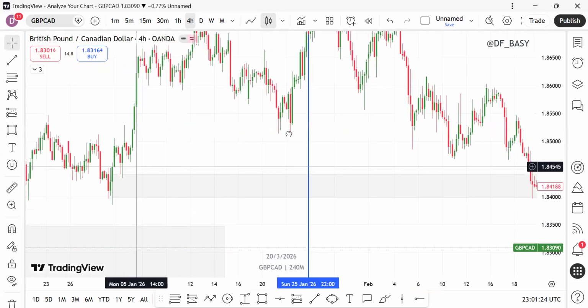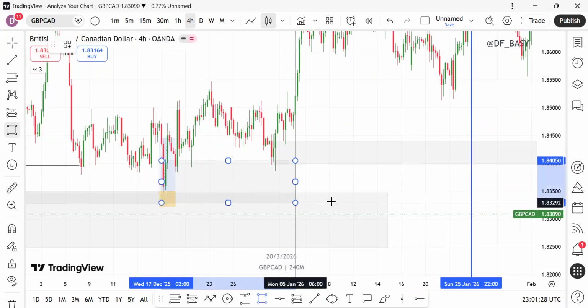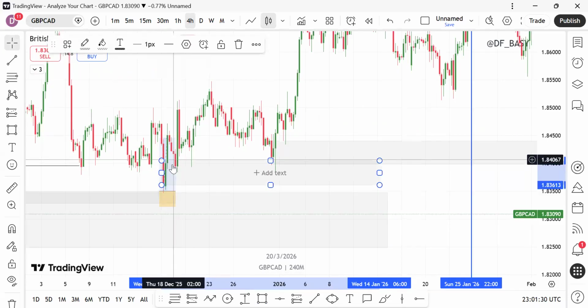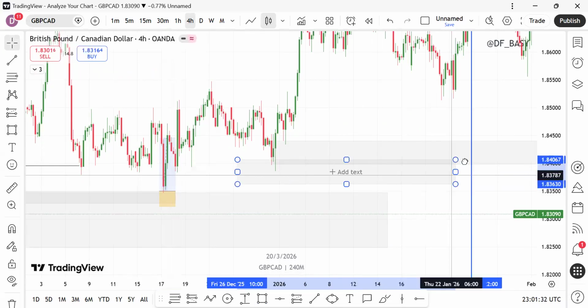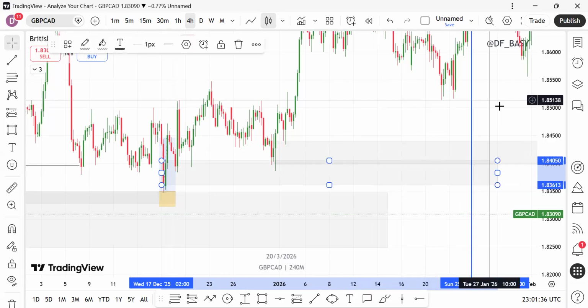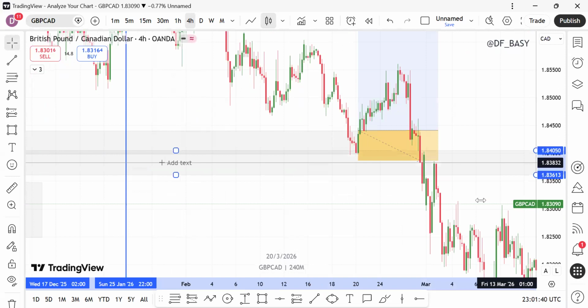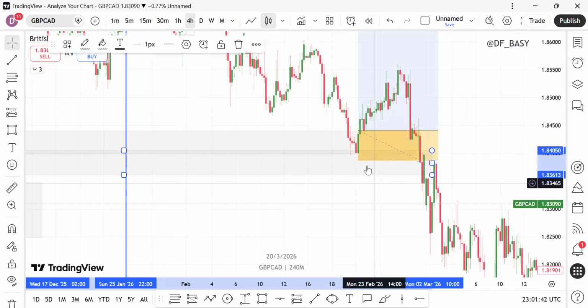It's already mitigated over here. Just like this one, same thing. It's already mitigated. This one over here has mitigated that block. So market will likely not respect it. See, market didn't even respect it, it just broke it.